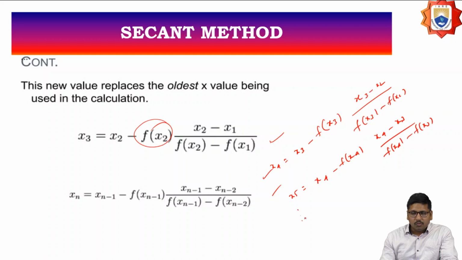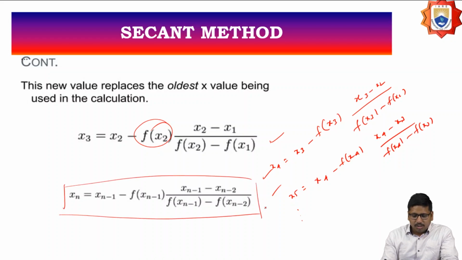Like this we can continue the process to find the values, and finally this is the nth term equation: xn = xn-1 - f(xn-1) * (xn-1 - xn-2) / (f(xn-1) - f(xn-2)).